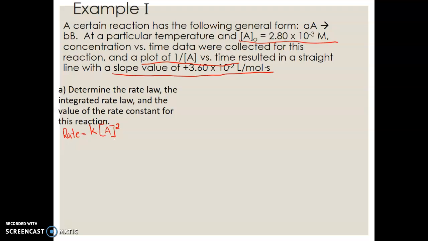So this is the differential rate law. The integrated rate law is 1 over the concentration at time t minus 1 over the initial concentration is equal to the rate constant times the time.